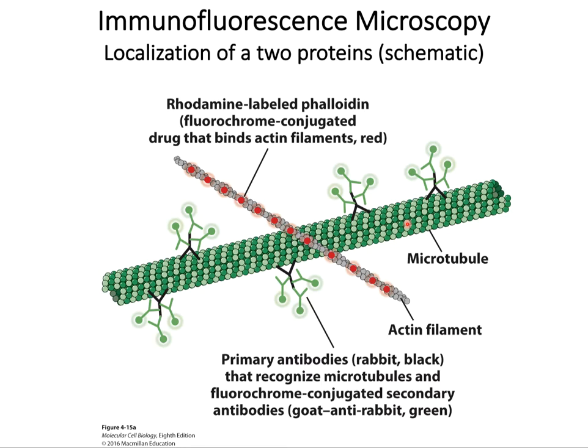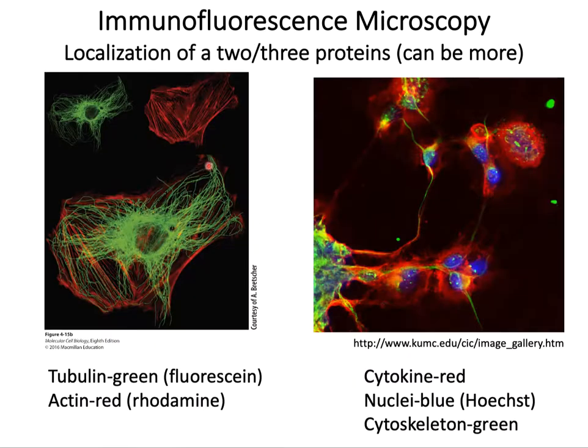A fixed and permeabilized cultured cell is incubated with rhodamine labeled phalloidin, which is red and specifically binds to filamentous actin, and a rabbit antibody reactive with tubulin, the major component of microtubules, followed by a fluorescent labeled secondary goat anti-rabbit antibody in green that labels the primary tubulin antibody. You can do multiple color staining. This type of microscopy can visualize the relative distributions and abundance of two or more proteins.